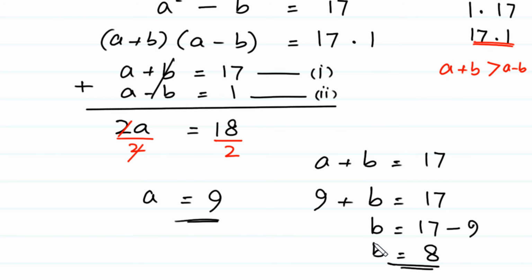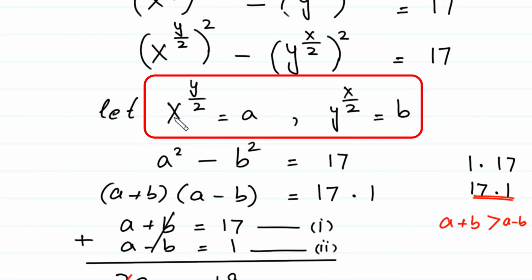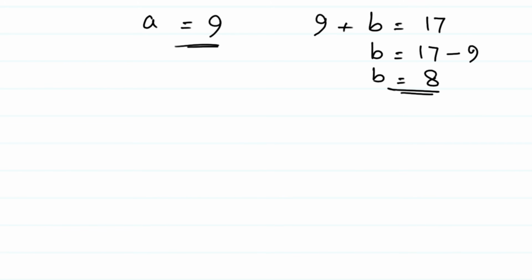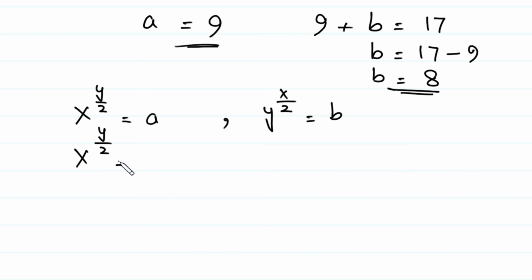Recall that we have supposed x to the power y over 2 is equal to a and y to the power x over 2 is equal to b. x to the power y over 2 is equal to, we put here the value of a, 9.